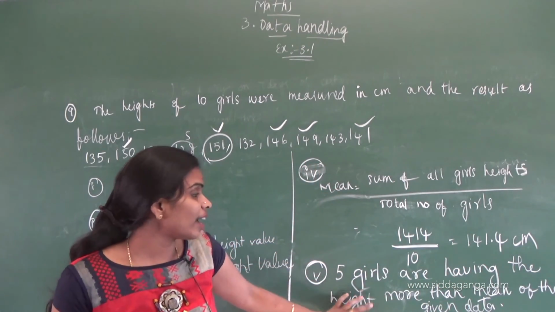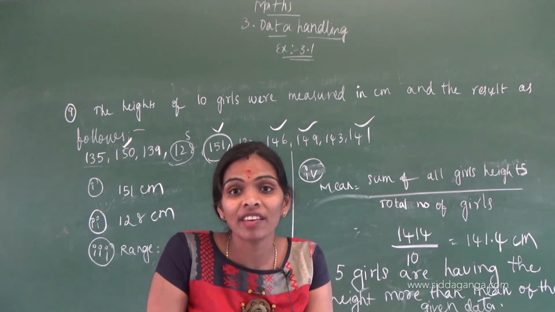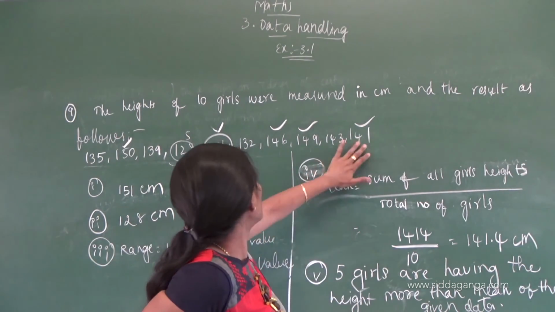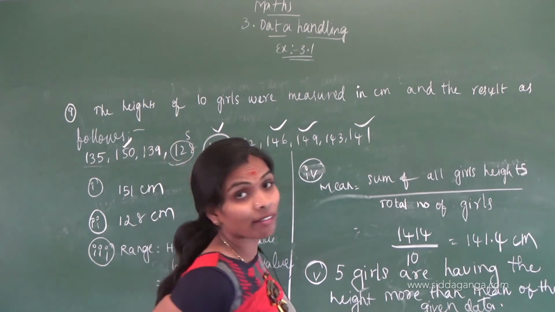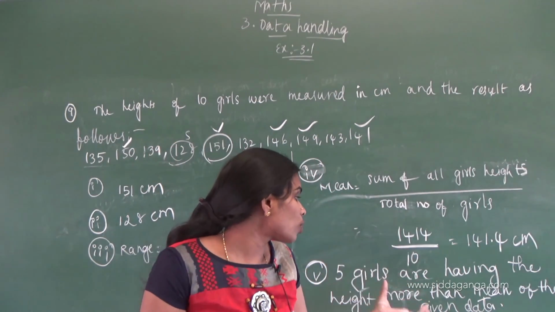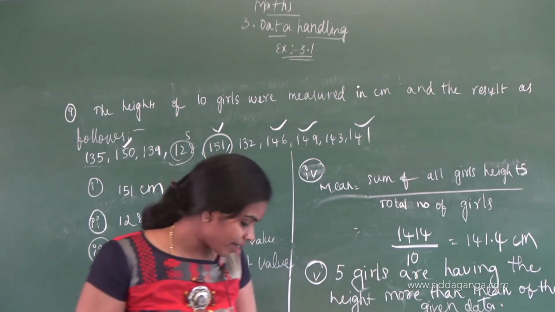That we did. And what is given in the fifth question? How many girls are having height more than the mean? How many girls? 1, 2, 3, 4, 5. 5 girls are having height more than the mean of the given data.